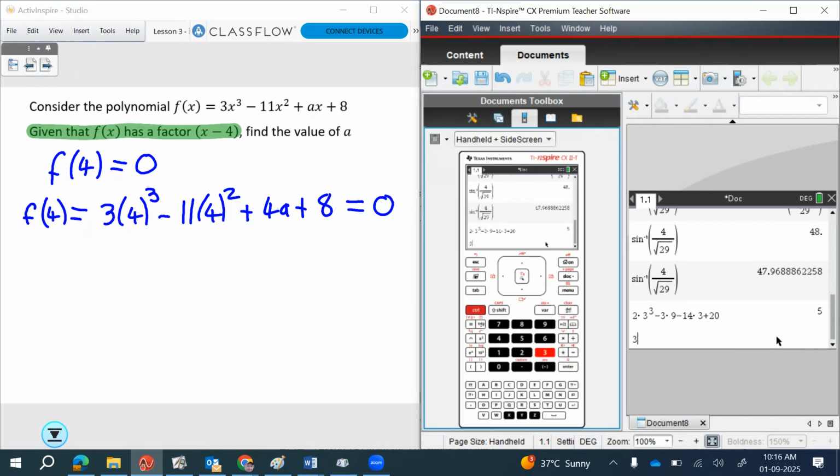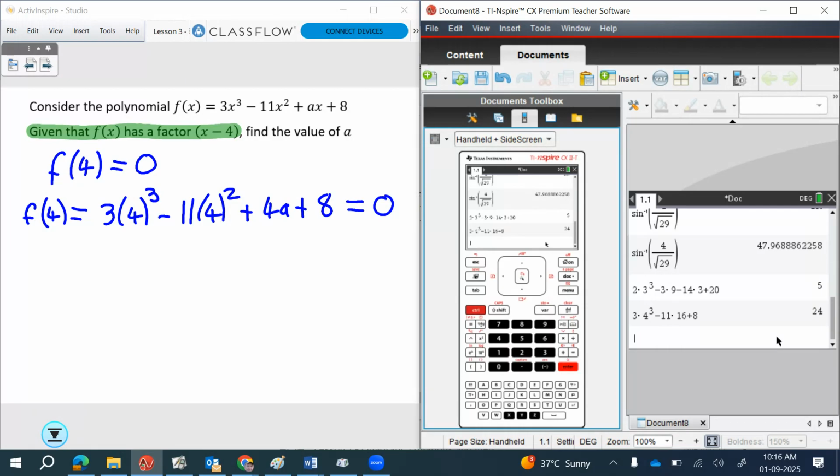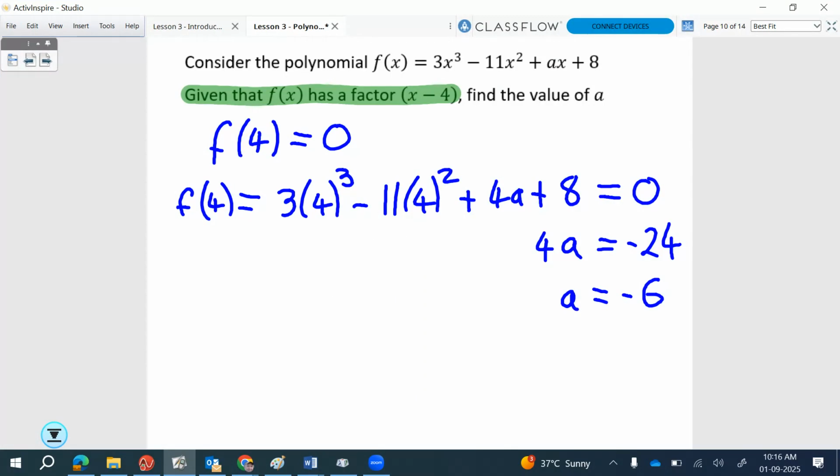So we want 3 times 4 cubed minus 11 times 16 plus 8. That's 24. So 4a equals negative 24. A is negative 6.